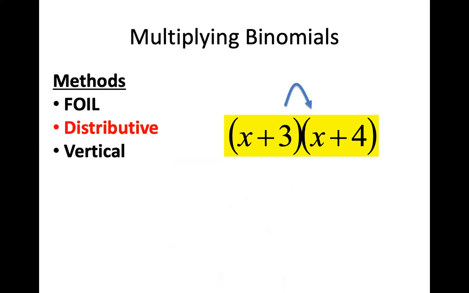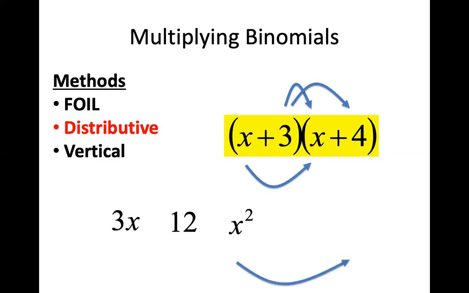The 3 to the x, and the 3 to the 4. We do that math. 3 times x is 3x. The second arrow, 3 times 4 is 12. Now I draw my arrows underneath, then I do x times x, and x times 4. I'm going to claim that you can do this in your head. The issue is the speed at which it can be done quickly.